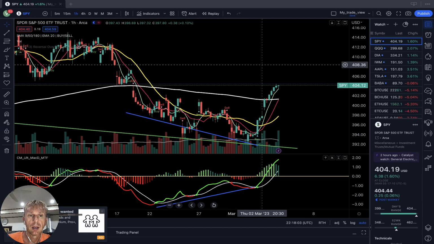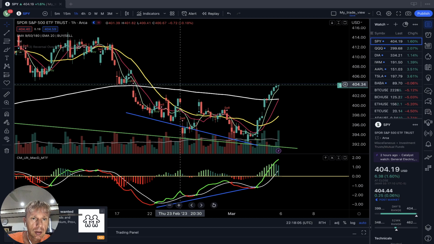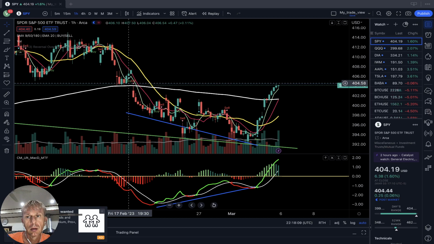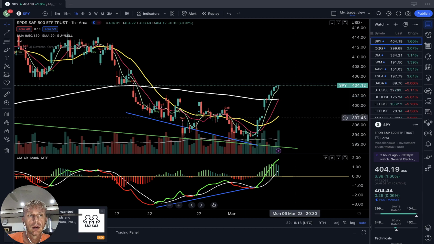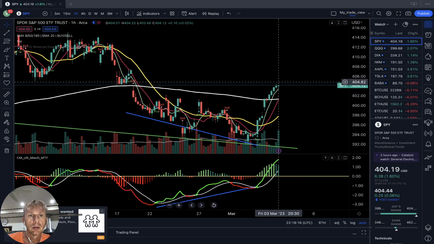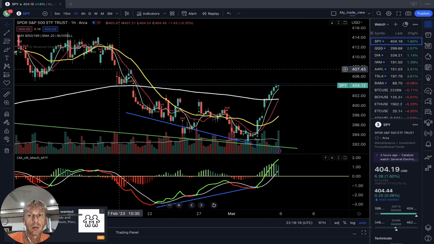Okay, the gap is almost closed, right? There is one more gap over here, around 408.